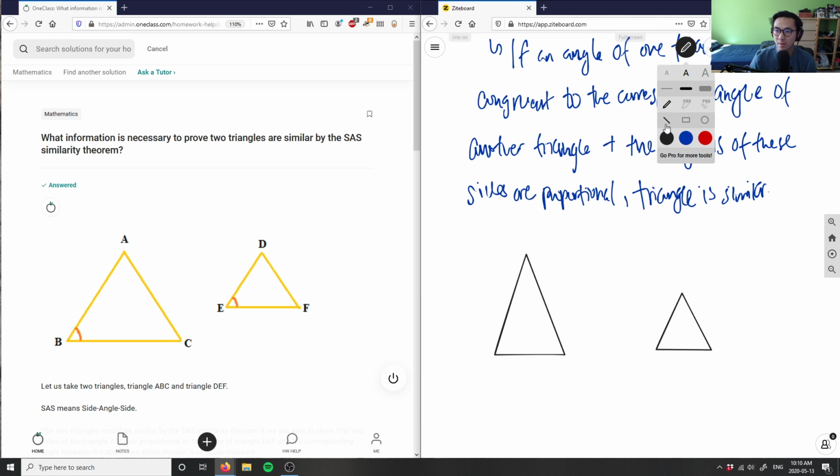And what it means here is that I have this triangle ABC, and DEF.